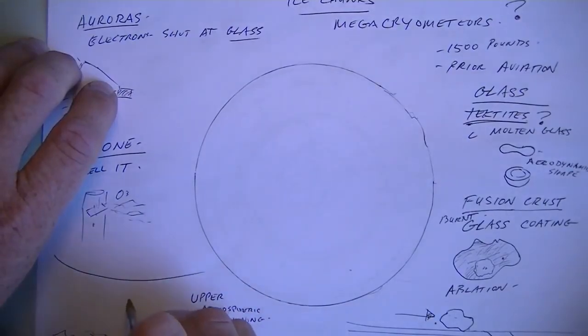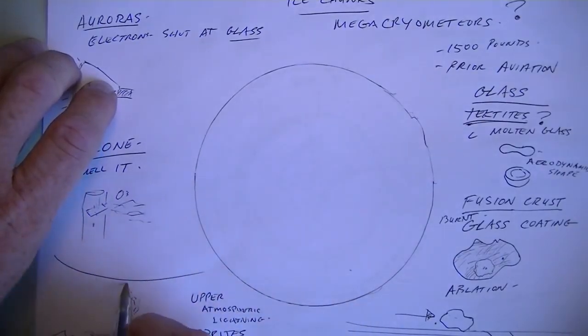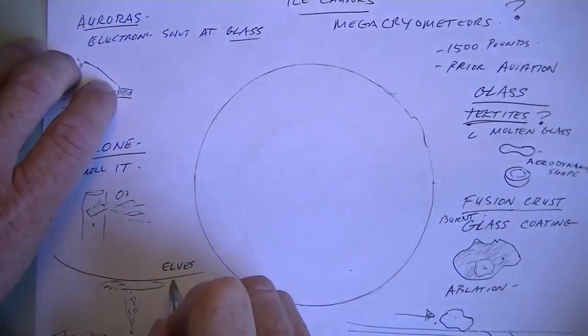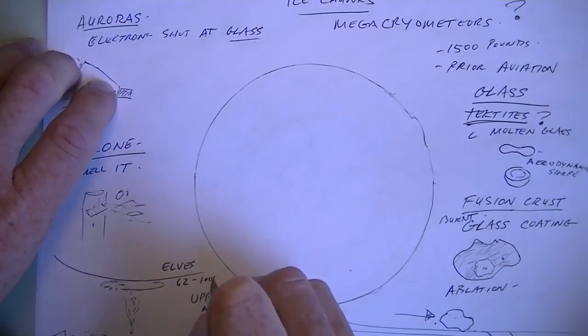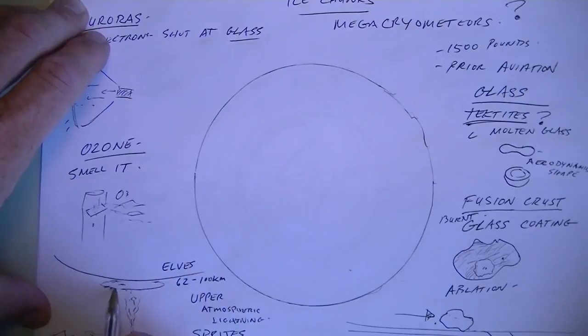It's kind of like a funnel shape, but it has a top. Basically, it gives off a disc-like plasma discharge, and they call those elves. And the altitude of the elves is 62 miles high, or 100 kilometers. That's how we know the height of the glass ceiling.